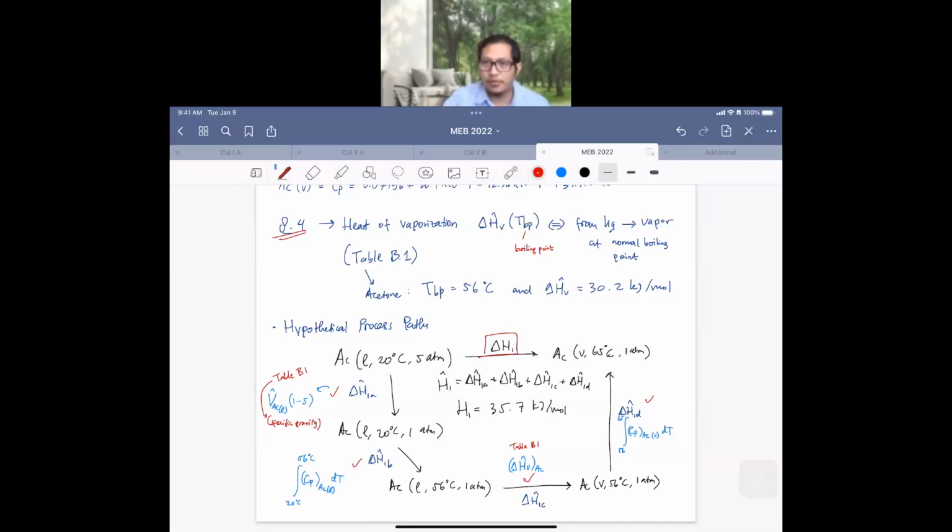You'll be focused more on table B1 for the specific gravity, the heat of vaporization, the boiling point and the melting point, and table B2 for the heat capacity formula for some substances, which is basically what we are dealing with in chapter 8.